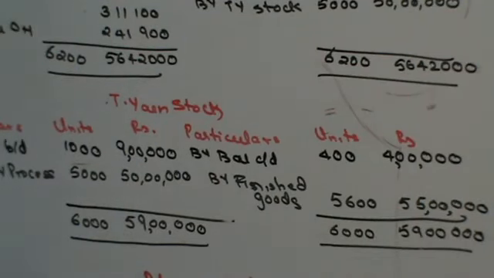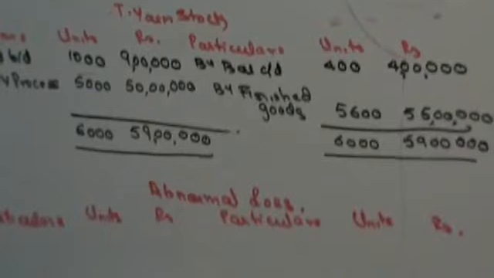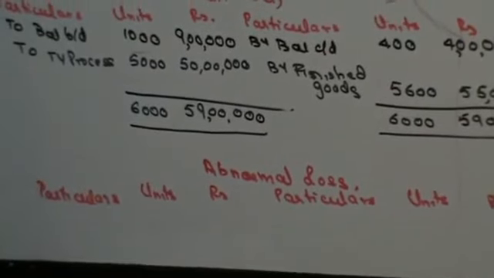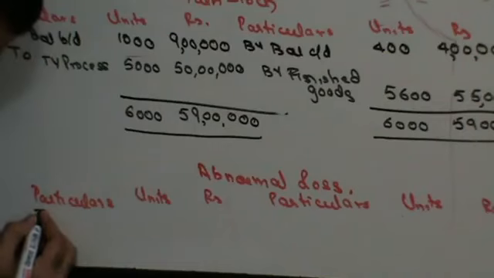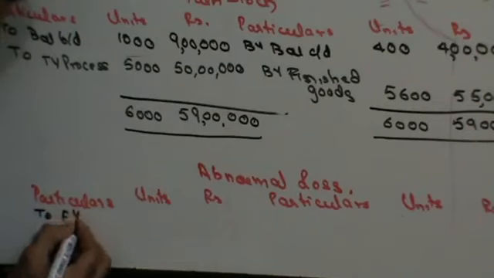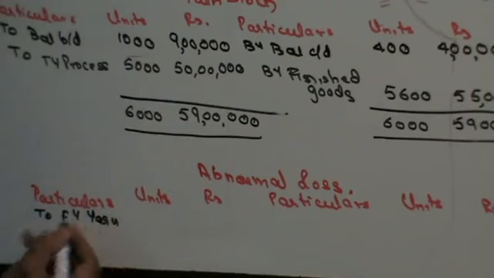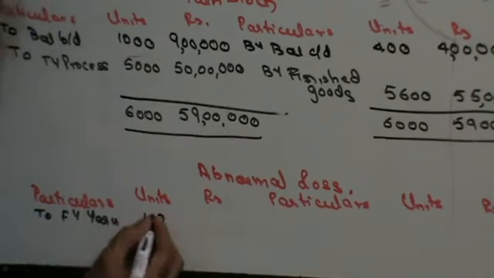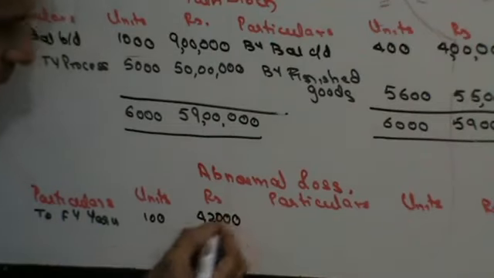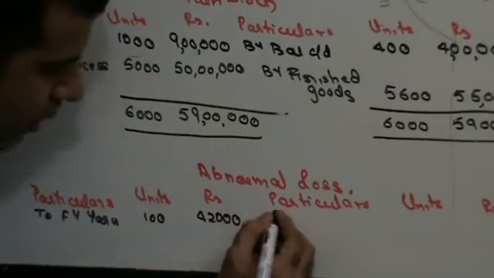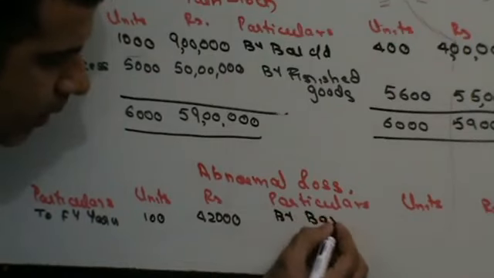Now, let's make the abnormal loss account. Where all do I have abnormal loss? I have abnormal loss in FY yarn. So this is going to be to FY yarn. In FY yarn, I have an abnormal loss of 100 units and 42,000. How do I tally this? This is going to be by bank.